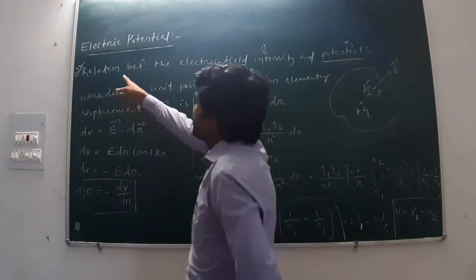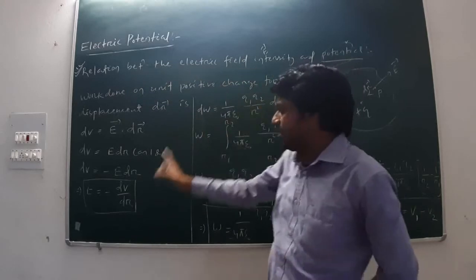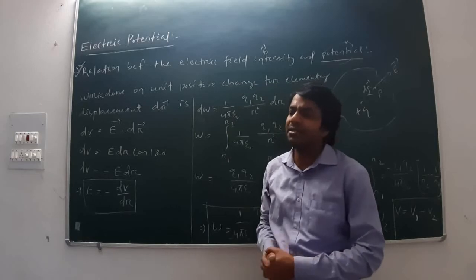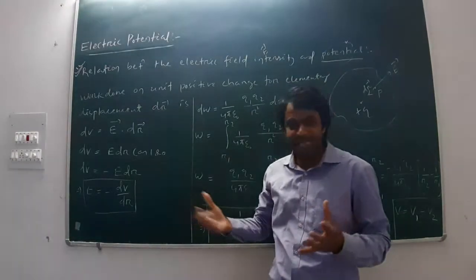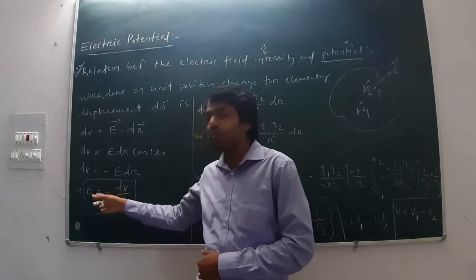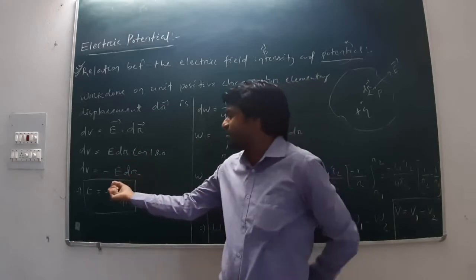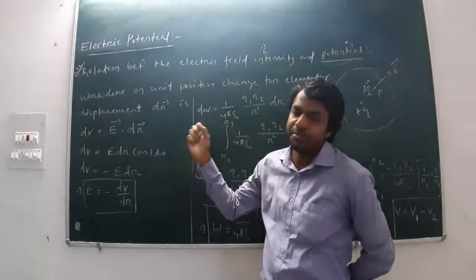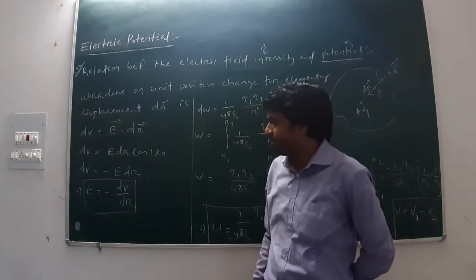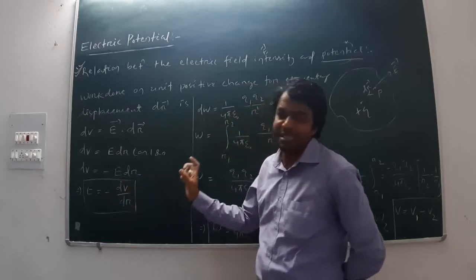Here, this formula, the relation between the electric field intensity and potential, is for numerical purposes. Whenever the potential is given in the form of displacement, and the question is to find the electric field intensity, then you have to take the derivative of the potential with respect to length or displacement. And remember, this term is known as the potential gradient.